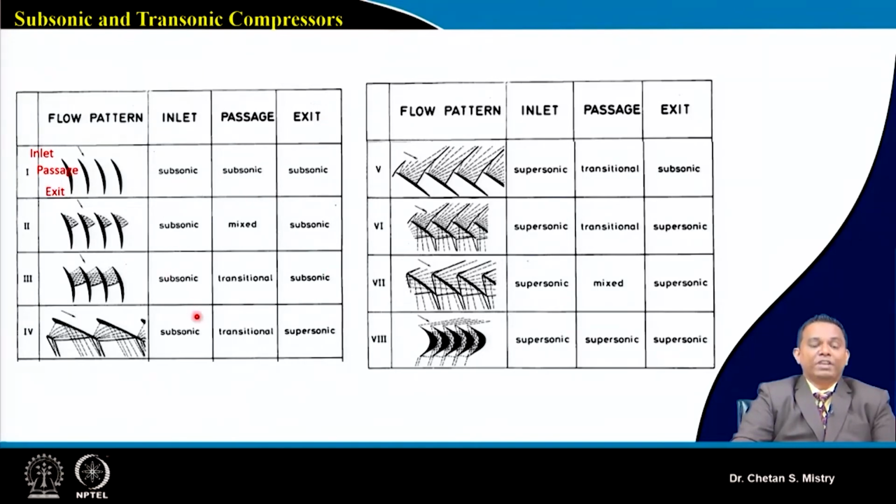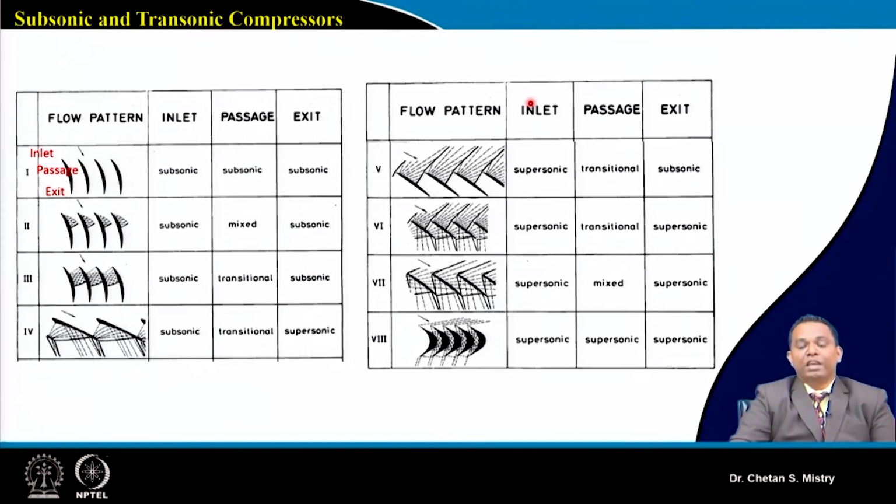We also have a configuration in which the flow transitions within the blade passage. This is a special kind of aerofoil where the entry is subsonic, the flow in the passage is transitional, and the exit is supersonic. Now this is all in terms of subsonic entry conditions. Our interest is where the entry condition is supersonic.